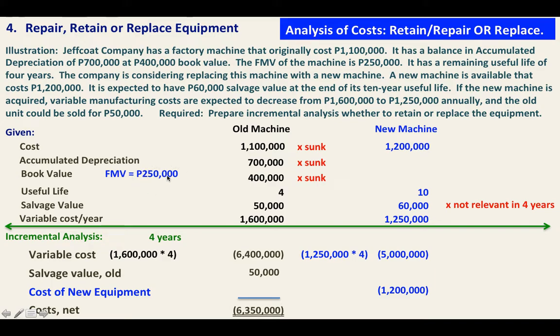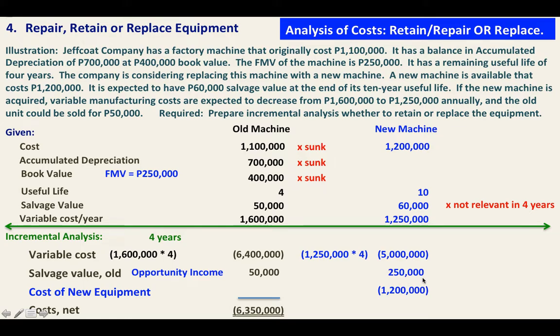And that income is what you can call an opportunity income. Okay, we will be able to have the opportunity to sell it. If we are going to buy the new machine, we don't need the old machine anymore, so we can sell it. And by selling it, we will generate opportunity income of 250,000.